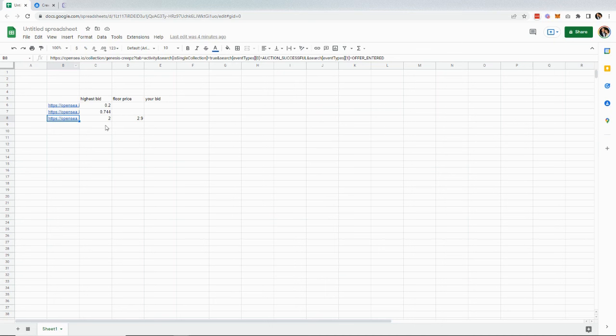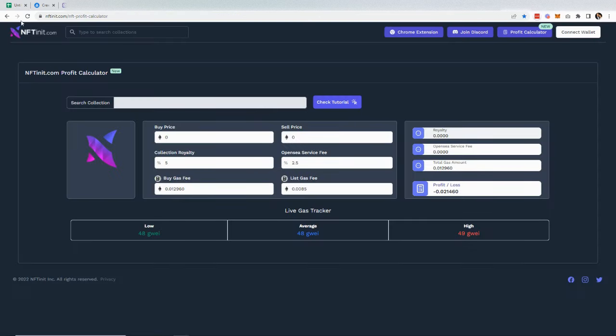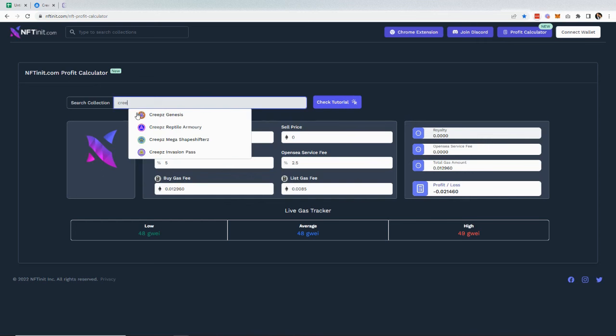So the next step is we're just going to say, how much can we bid? We know that the highest bid right now is 2. We know the floor price is 2.9. If we want to outbid it, we definitely want to submit a bid higher than 2. Otherwise, you're not going to win anything. Go into this. These guys actually made an amazing profit calculator, and you can put in, I think, most collections in here.